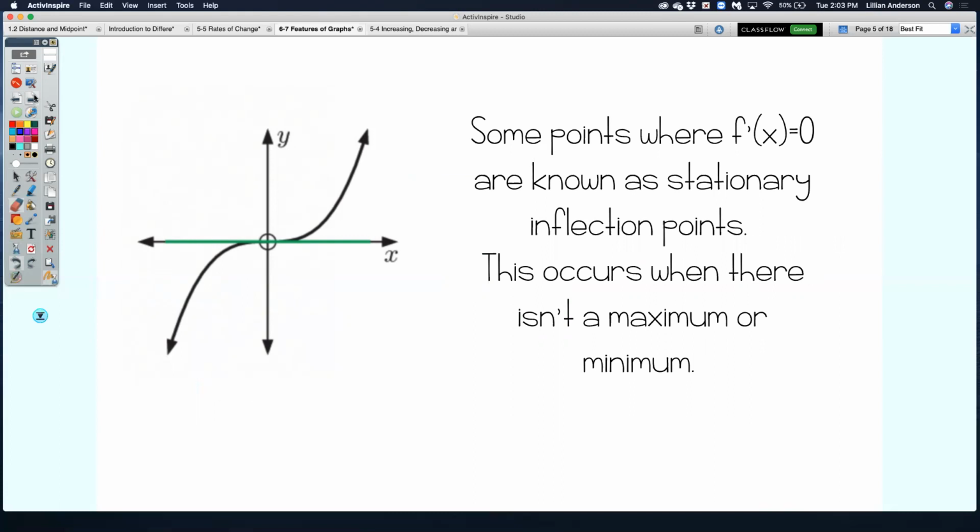This usually occurs on these types of functions, which you guys can see. Anybody remember what this type of function is called? X to the third, yes. A lot of your more basic cubic functions will have stationary inflection points instead of actual maximums and minimums.